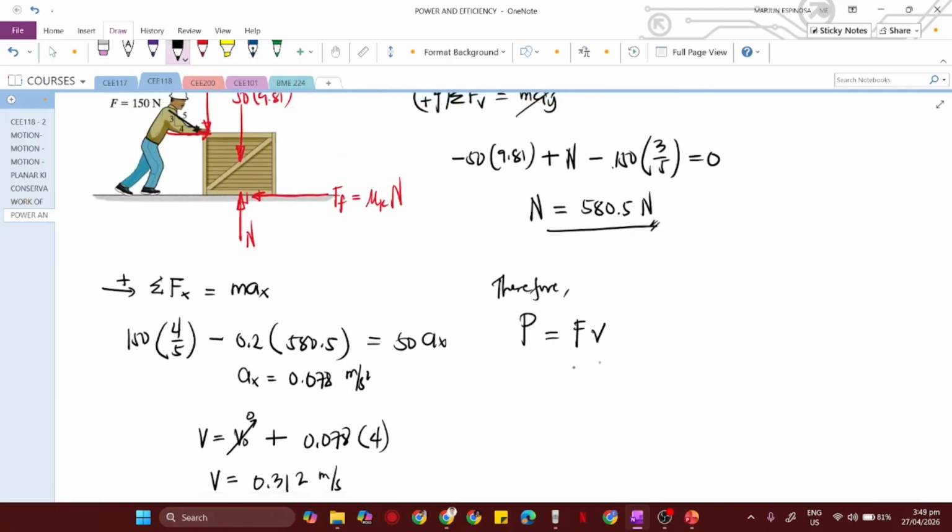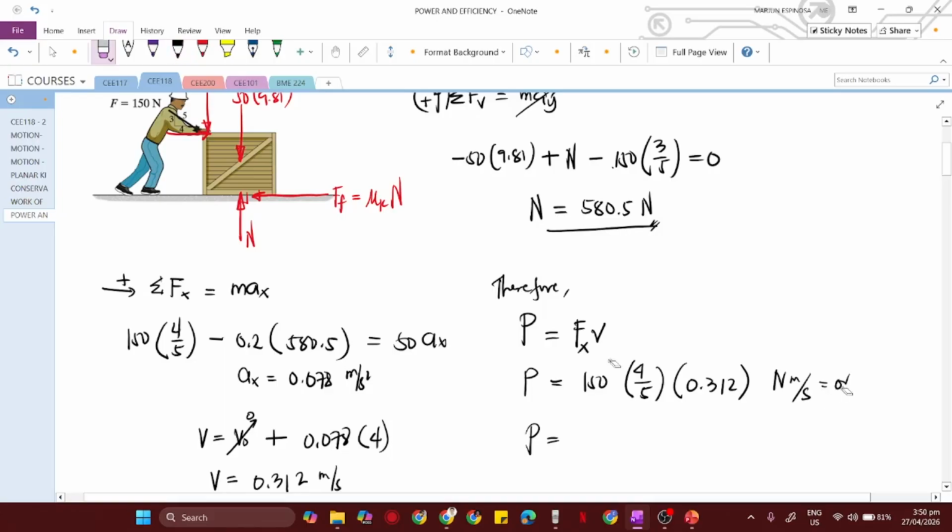Meaning to say that should be the horizontal. Okay, so power is equivalent to 150 and along horizontal that is 4 over 5. Then yung velocity is 0.312 meters per second. So ito newtons to, then meters per second, automatic ang sagot natin is watts. So this is Newton meter per second or watts.